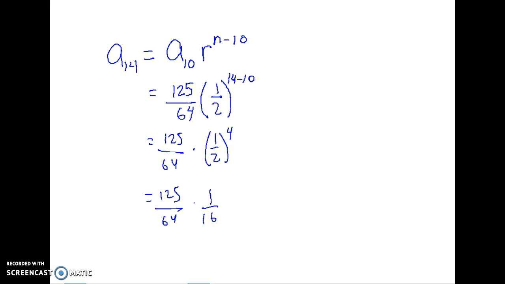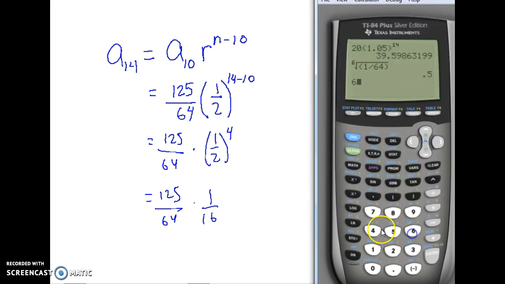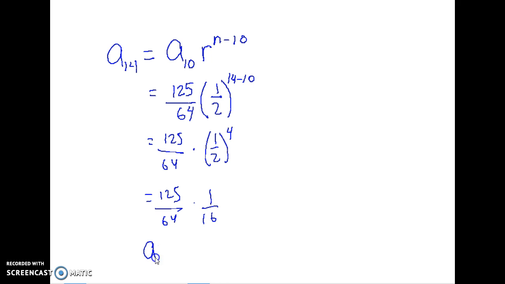And in case we forgot, 64 times 16, quickly do the math, gives us 1024. So this means our 14th term is 125 over 1024. So those are all the different types of sequences that we can do.